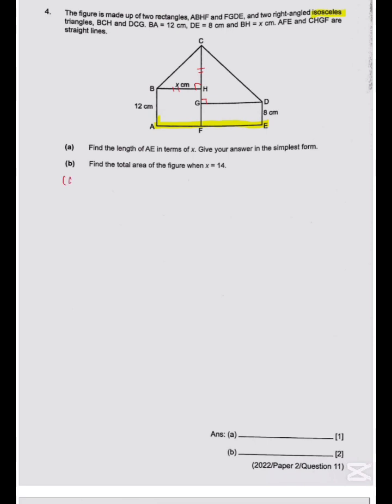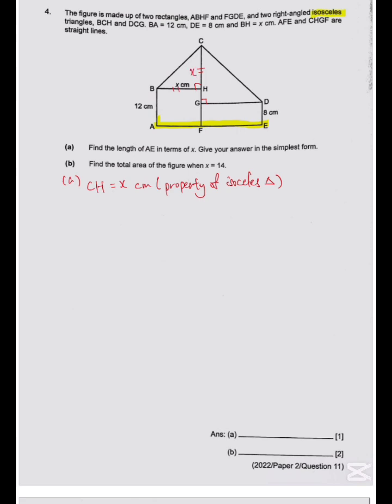So we know that CH equals to x cm, because of the property of isosceles triangle. Correct? Then, okay, so now we know that CH is x cm, so let me write x here.